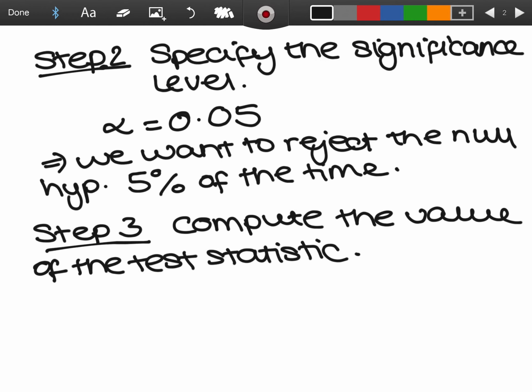We were using t values. That's what happens here. Your test statistic is the corresponding Z or T value. T values we'll look at in the next video. But it is going to be the corresponding Z score for the sample mean that was given.